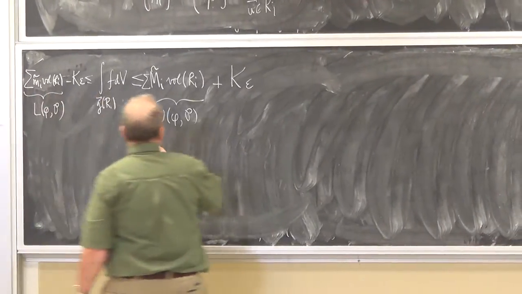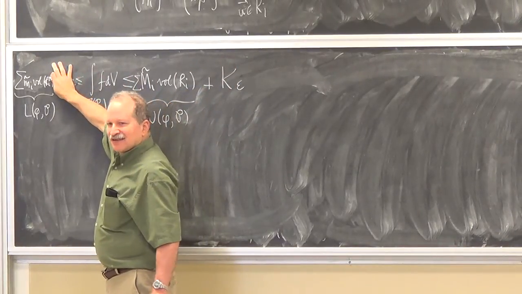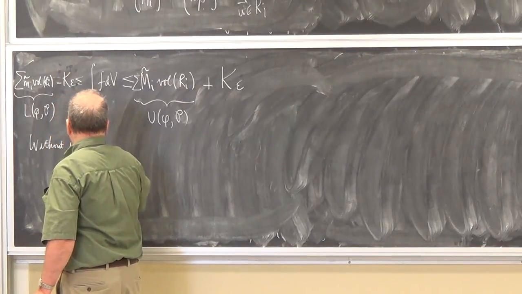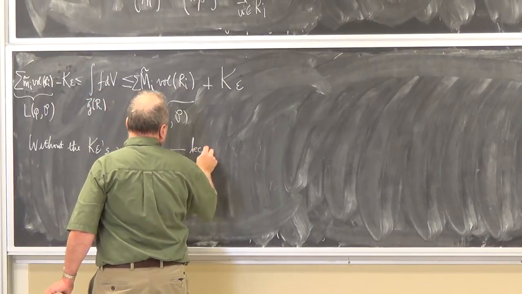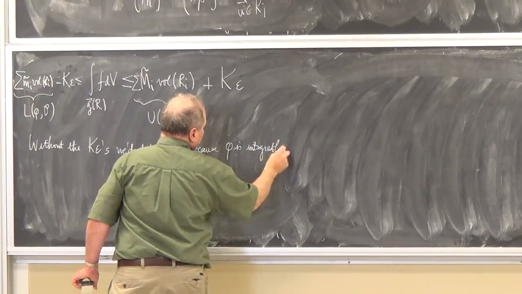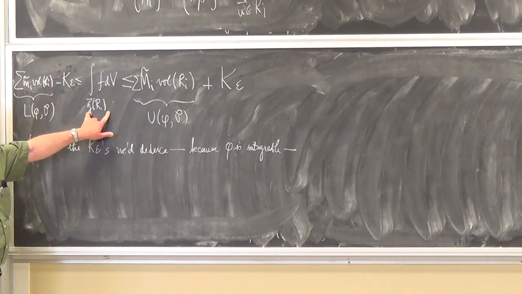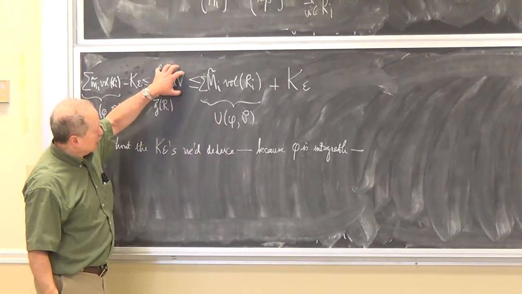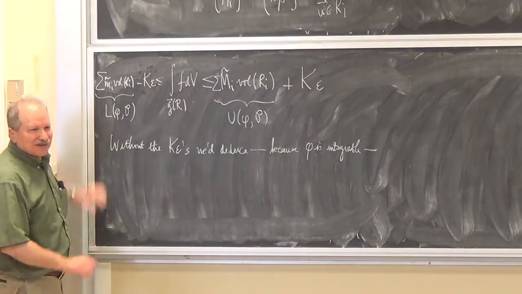What would we deduce, knowing that phi is integrable, if we didn't have these epsilons, without the k epsilons? We deduce, because phi is integrable, that if this is true, this must be very, very close to the integral of phi, because the integral of phi is the unique thing between all upper and lower sums.